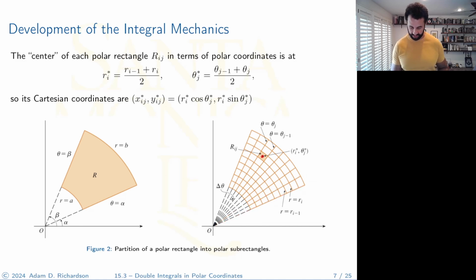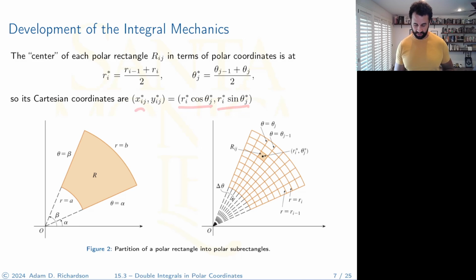That'll give us this little center point, r sub i star, comma, theta sub j star. Now, our Cartesian coordinates are x and y. So if we wanted to write the location of this center point in terms of polar coordinates, it's going to be this.